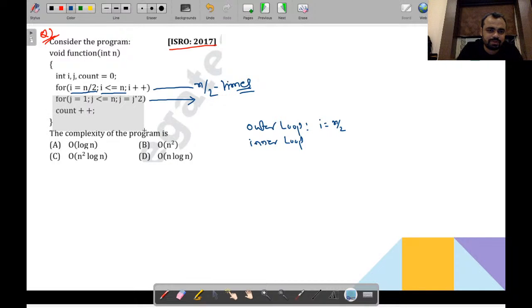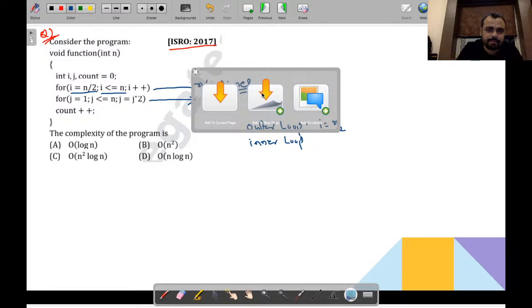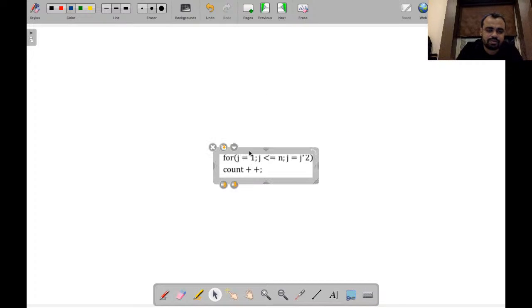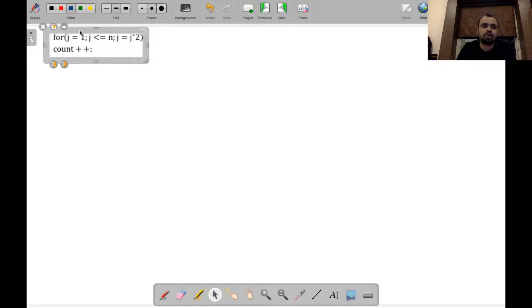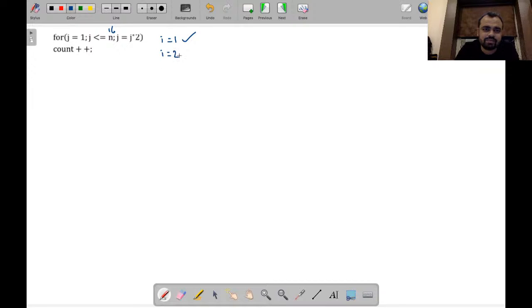Yes or no? Because we are starting from, just take this particular code. If the code is as it is, how many times will this be executed? Suppose the value of n is 16. So j is equal to 1, the code will be executed. Next time the value of j will be 2, next time 4, next time 8, and the next time the value of j will become 16.